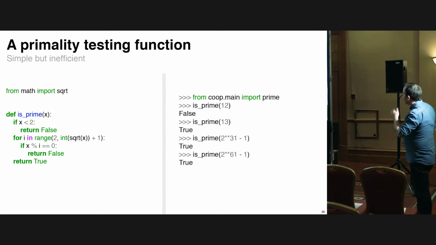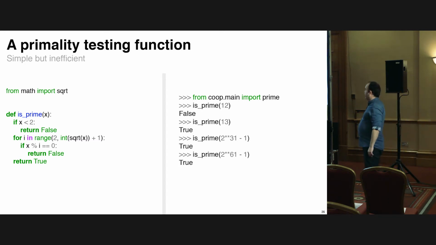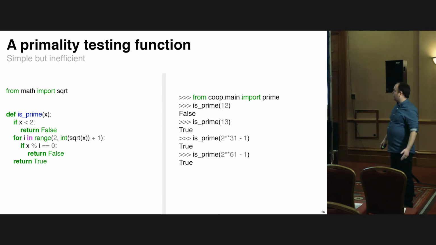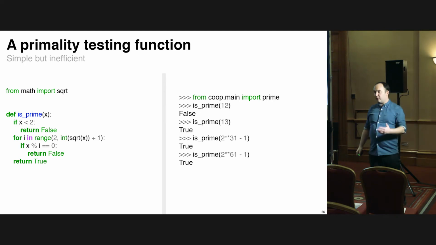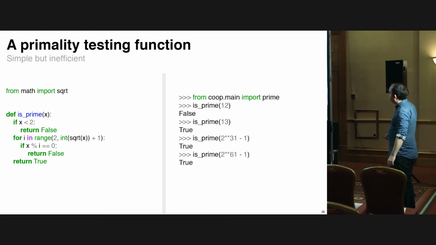The fact that it's not very efficient is okay, and obviously it can determine that 12 is not prime and that 13 is prime very quickly, but when you start throwing numbers like this at it, it takes a significant amount of time to go through, because of course even the square root of this number is quite a large number, and Python is not a fast language, and that takes a lot of time. So that's the is prime function. You don't need to understand how it works.